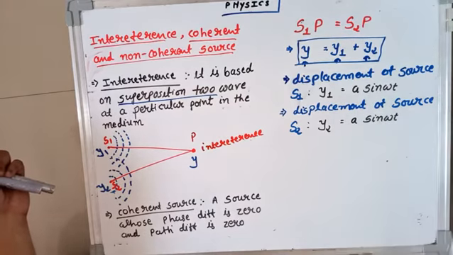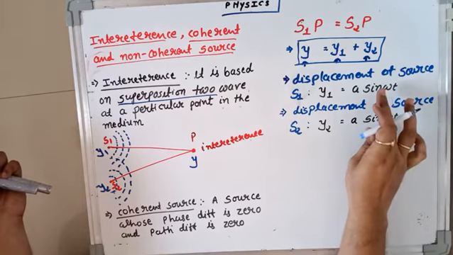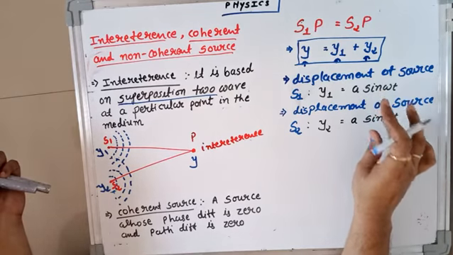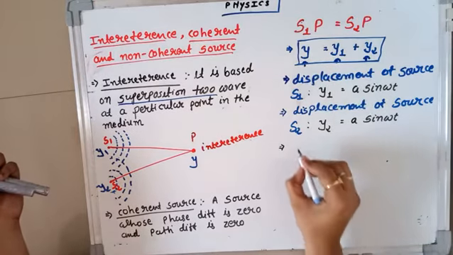Both equations are the same because we use the coherent source, and phase and displacement are all the same. Path difference is 0, phase difference is 0. Now using the superposition concept, we use this equation.